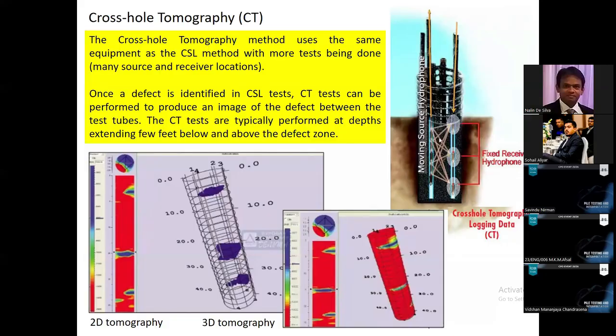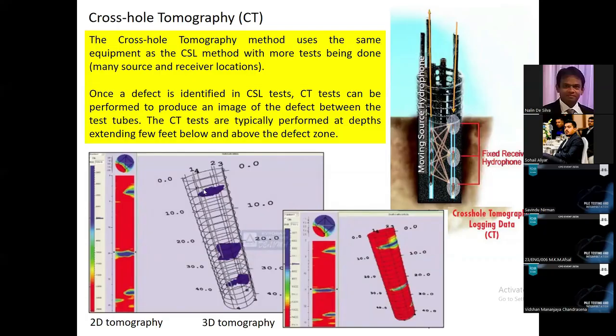So after taking this kind of multiple wave records, by using computer software, we can obtain a three-dimensional image of the defect, right? Like this. So once you identify the extent of the defect, it's very easy to plan the rectification methods.